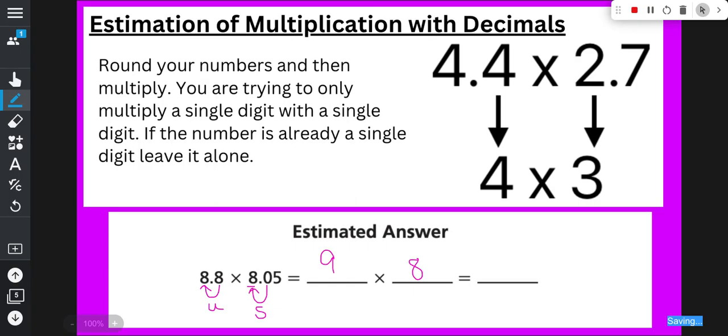And then we have 9 times 8, which is 72. So our answer, when we actually multiply 8.8 times 8.05 together, we should get an answer pretty close to 72. This is a great way to check to see, is your answer reasonable or is it not reasonable?